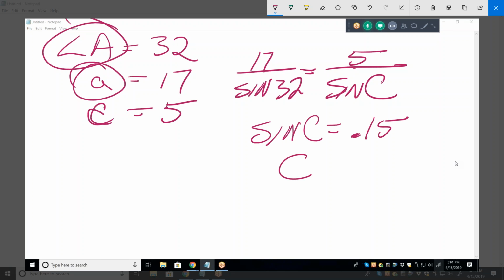Solve that for C, and you get 8.62 degrees.